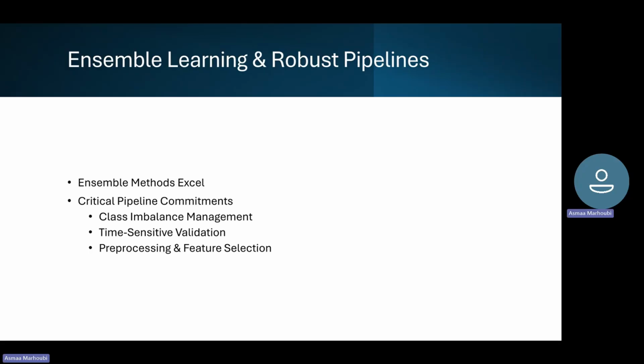Now, in ensemble learning and robust pipelines, ensemble methods excel. Algorithms like random forest and XGBoost demonstrate superior accuracy, a very high accuracy rate, and robustness in PdM.